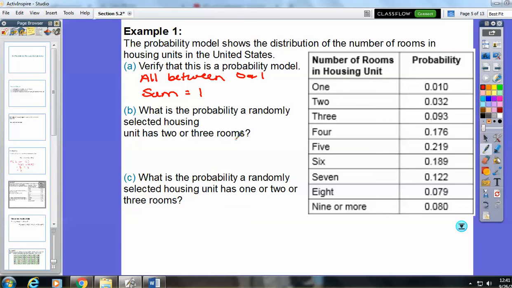And we do get 1, don't we? So that tells me it is a probability model.